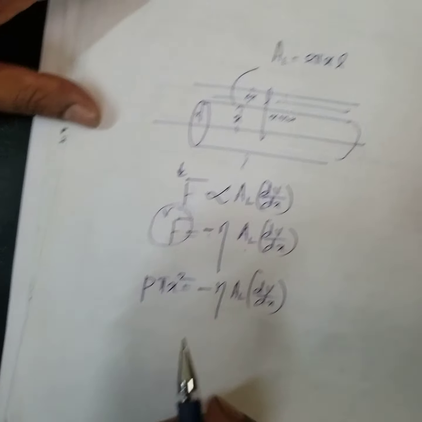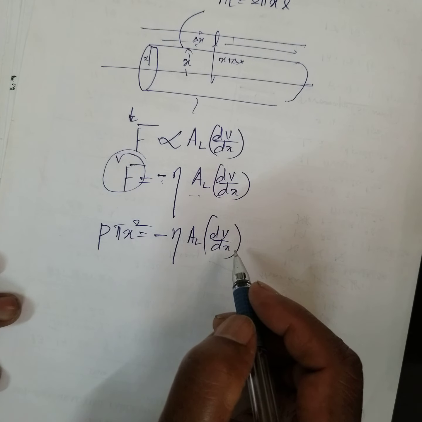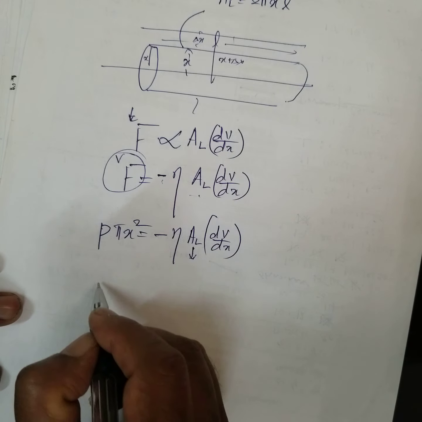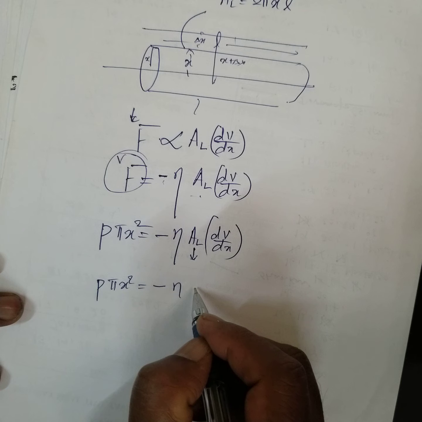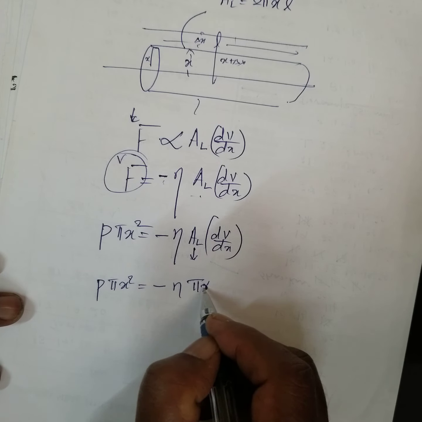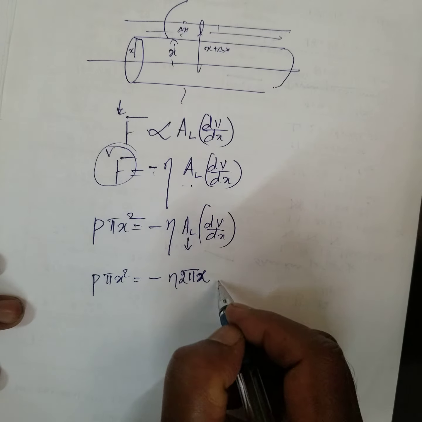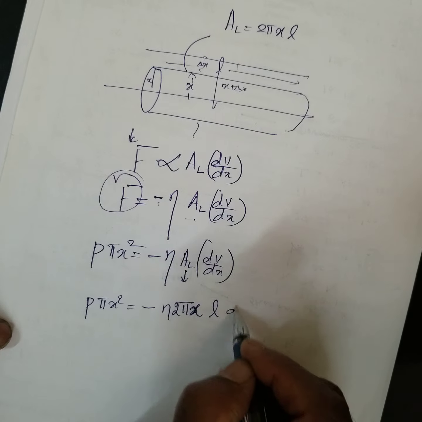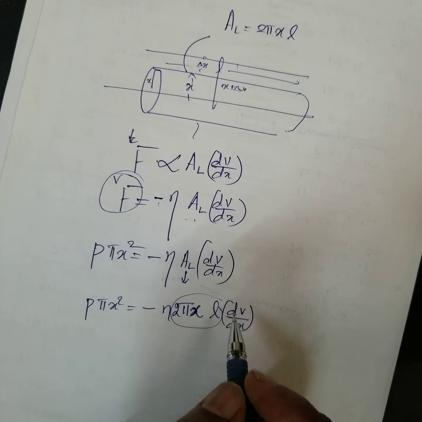What do you have to do? Here the area is P pi x square, minus eta. The lateral surface area is 2 pi x into L, dV by dx. You know this lateral surface area.